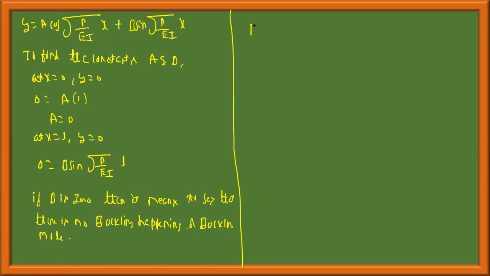So B cannot be equal to 0. If A and B both are 0, then there is only a trivial solution, and there is no buckling happening at all, which is not a possibility.